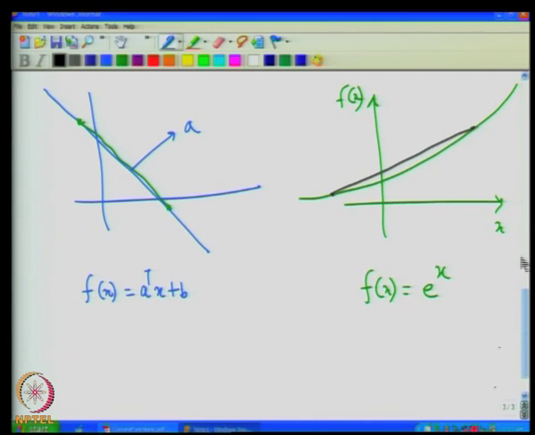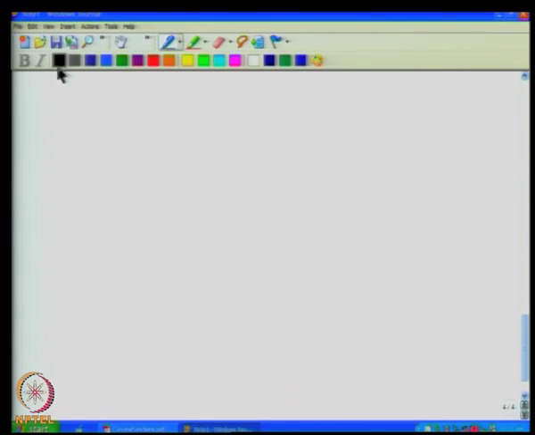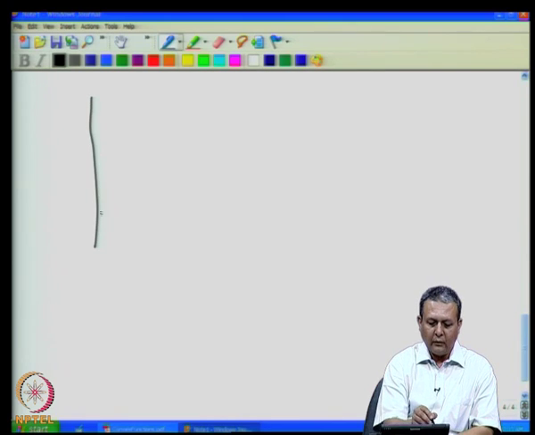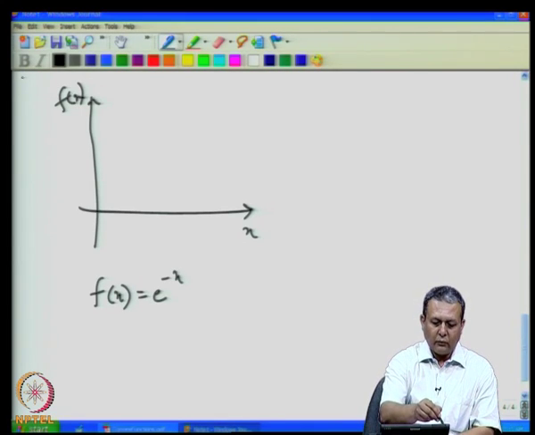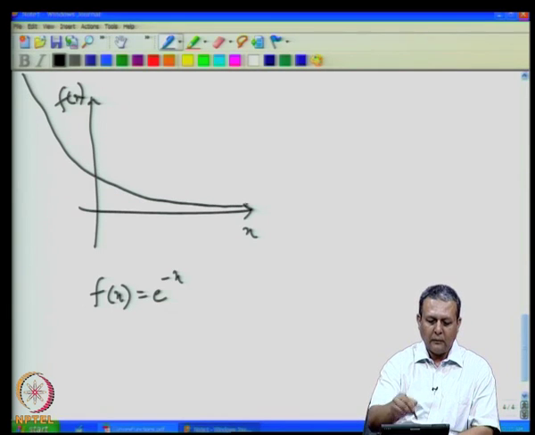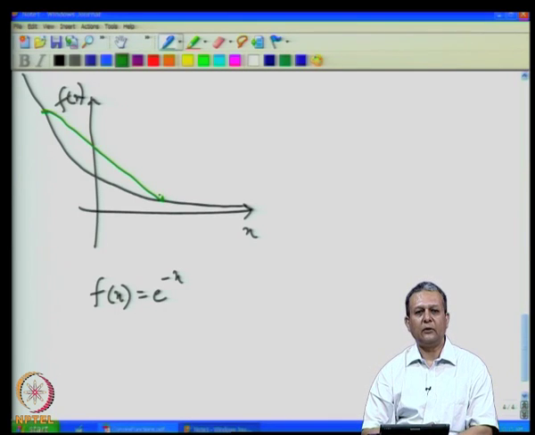Now, suppose we take a function f(x) equal to e to the power minus x. This function would look like this, and if we take any 2 points on the plot of the function, you will see that the line segment joining those two always lies above the function.